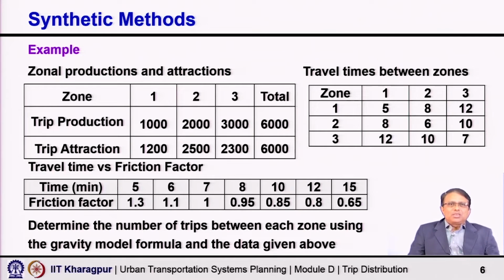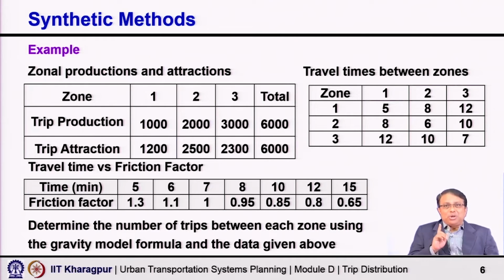Zone 1 production is 1000, zone 2 is 2000, zone 3 is 3000. So, total production is 6000. Similarly, the respective attractions are 1200, 2500 and 2300. So, the total is again 6000.